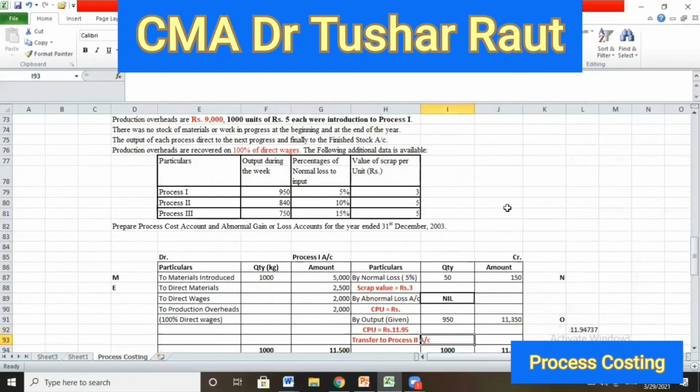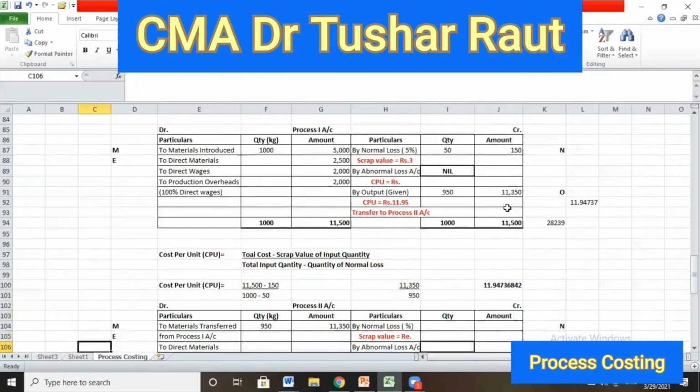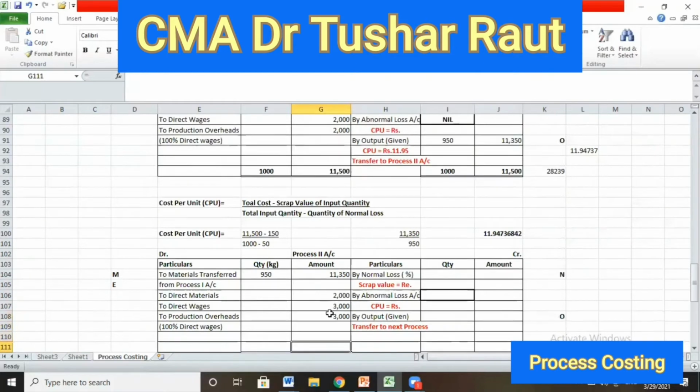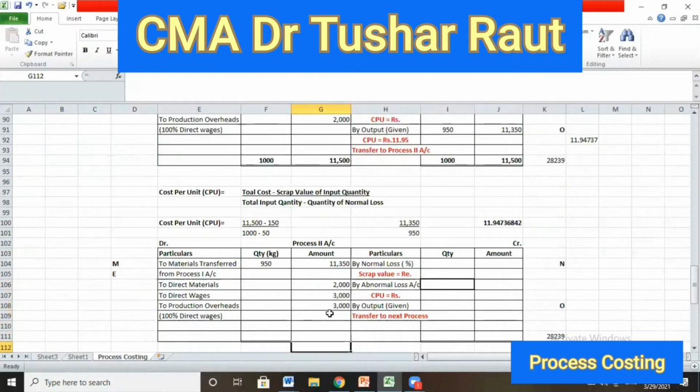So 2,000, 3,000 and 3,000. So this is how we calculate all kinds of expenses mentioned over here.